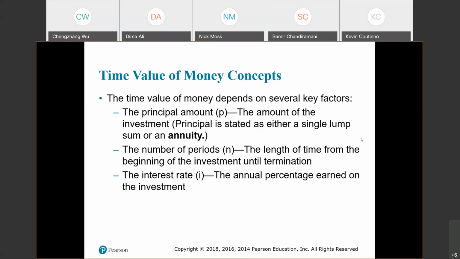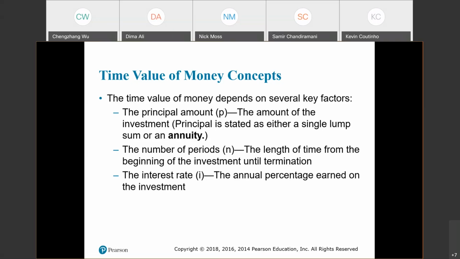Because this chapter deals with capital investment, we will primarily discuss the principal in terms of investment. We state the principal as either a single lump sum or an annuity.